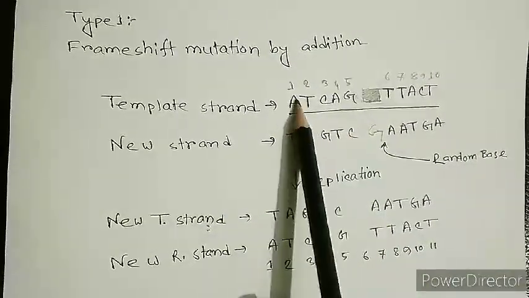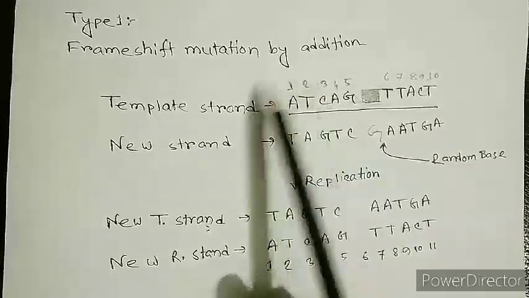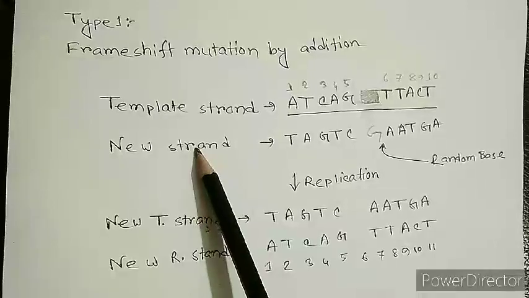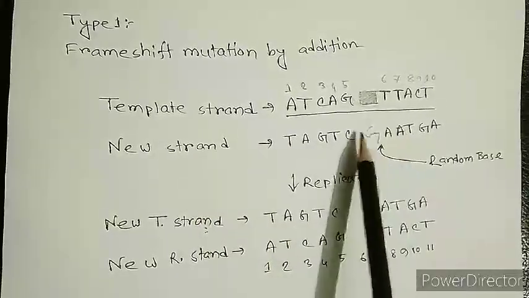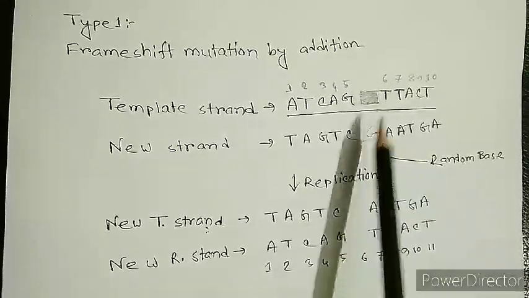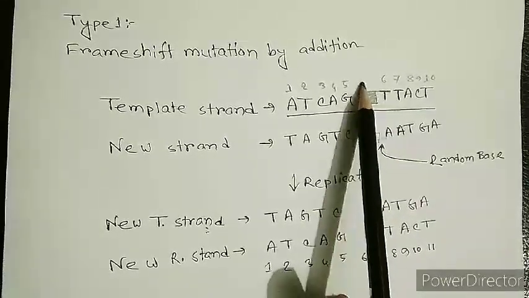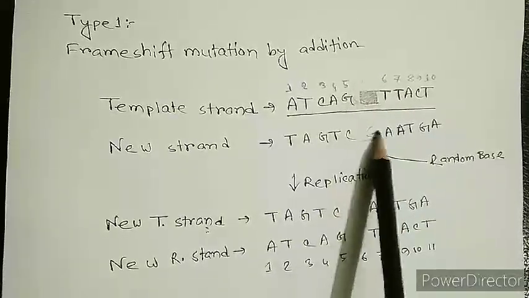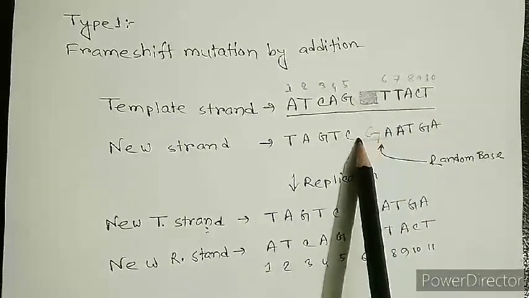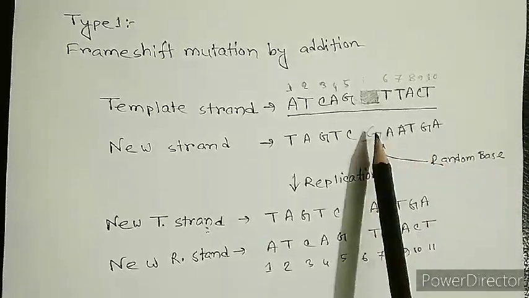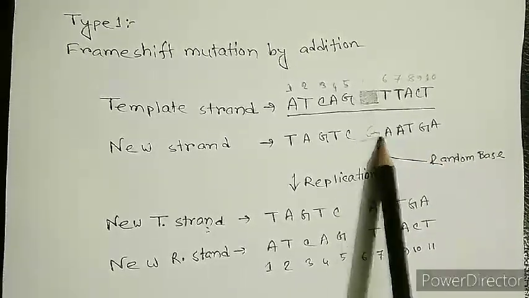Now we can see that the template strand had only 10 bases, whereas the new strand now has 11 bases, including this random base that entered here because there was no complementary base in the template strand, but there is a distance. So to fill this distance, the DNA just chose a random base in this place.